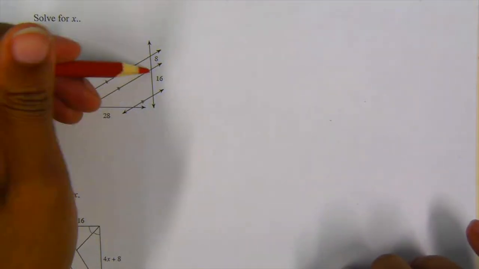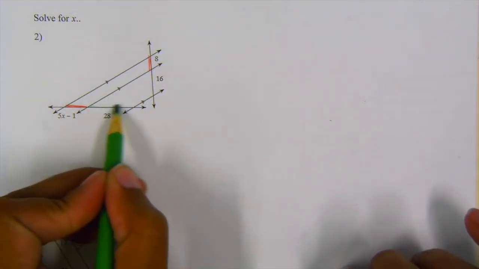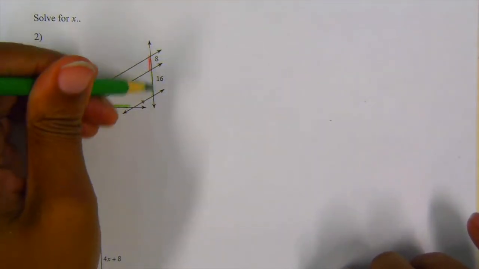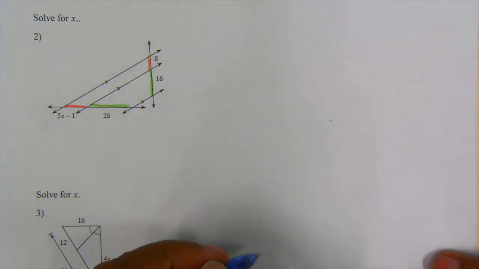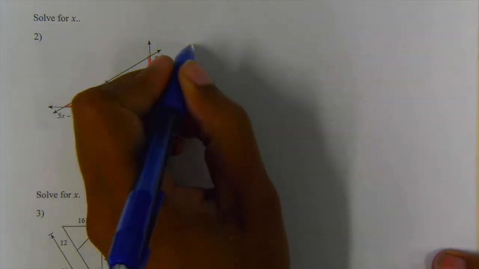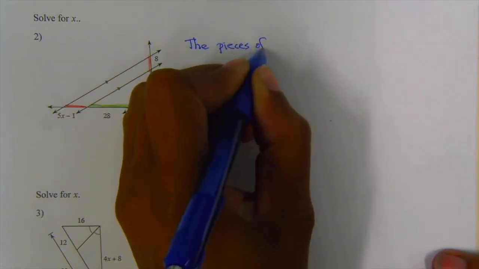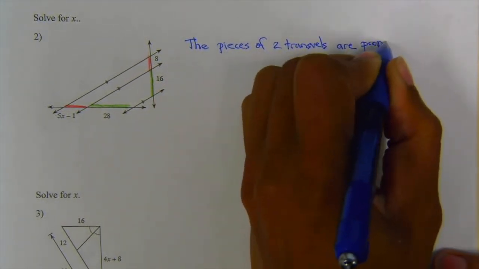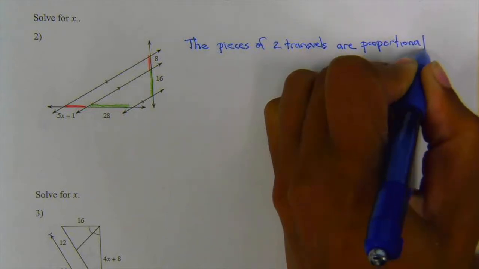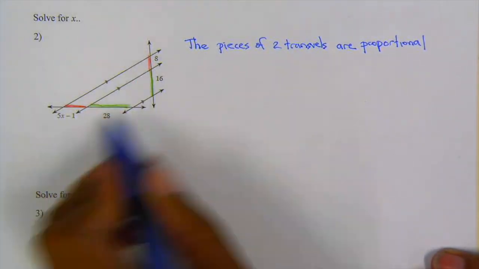And these pieces of the transversal are what is proportional to each other. So we have the pieces of 2 transversals. The pieces of 2 transversals are proportional when they're cut by these 3 parallel lines coming through.